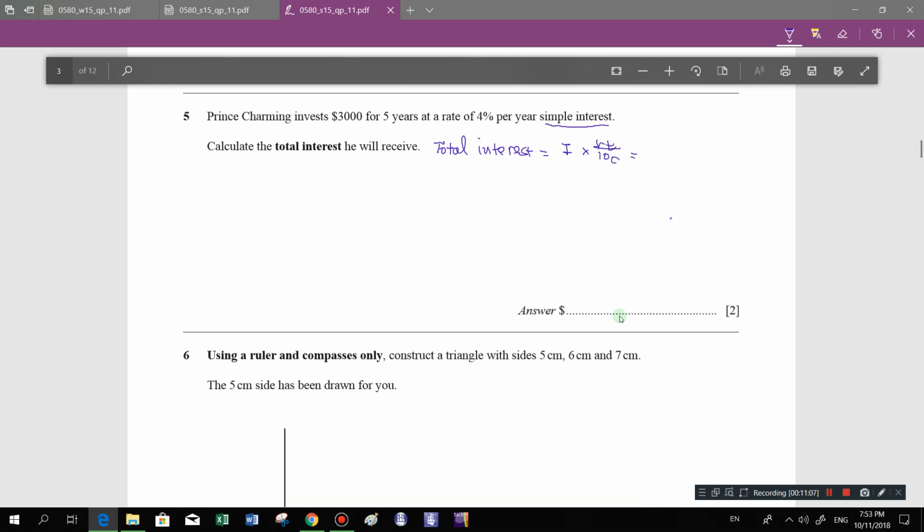I is the investment, which is 3,000, times R, which is the rate, 4, times 5 years, over 100. So you can solve here. 30 times 20, you get a total of 600 as the total interest.